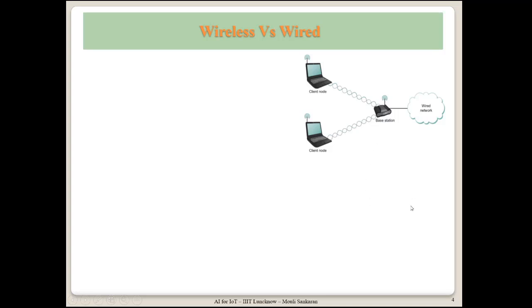Okay, now what happens? What are the problems with this kind of communication? Now, when you have a Wi-Fi and the devices are there, this router is sending signal in all directions. There will be so many devices in that range based on the amplitude of the signal and how far it can go. All the devices are receiving the same identical signal.